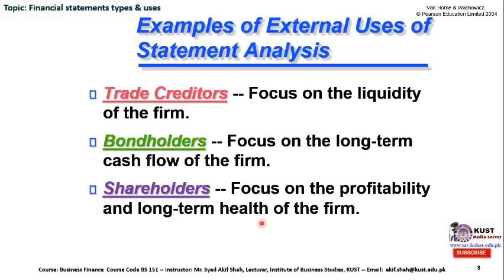So the external uses of financial statements are with respect to trade creditors who are going to give loans to the firm, bondholders who are going to invest their money on a long-term basis at a fixed interest rate, and third, shareholders who are primarily interested in the profitability of the company so that they may realize a greater amount of revenue or profit.